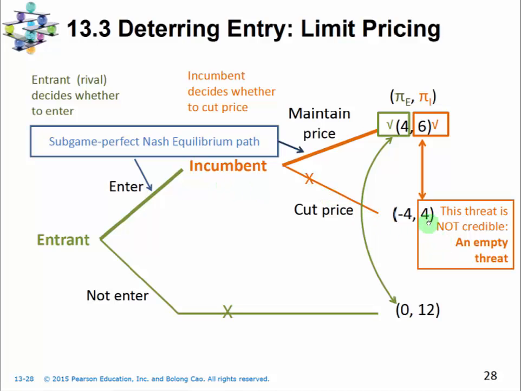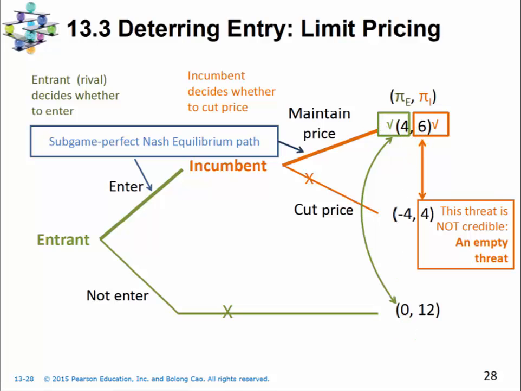If it starts to fight this price war, it will lose by more than accommodating this entrant. So the entrant can figure out that the price war threat is an empty threat, and the entrant can still decide to enter to gain this 4 instead of making nothing.